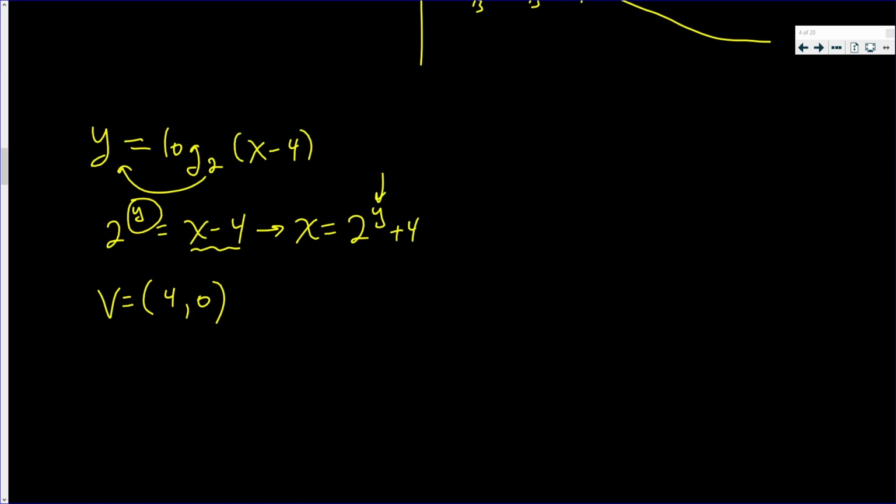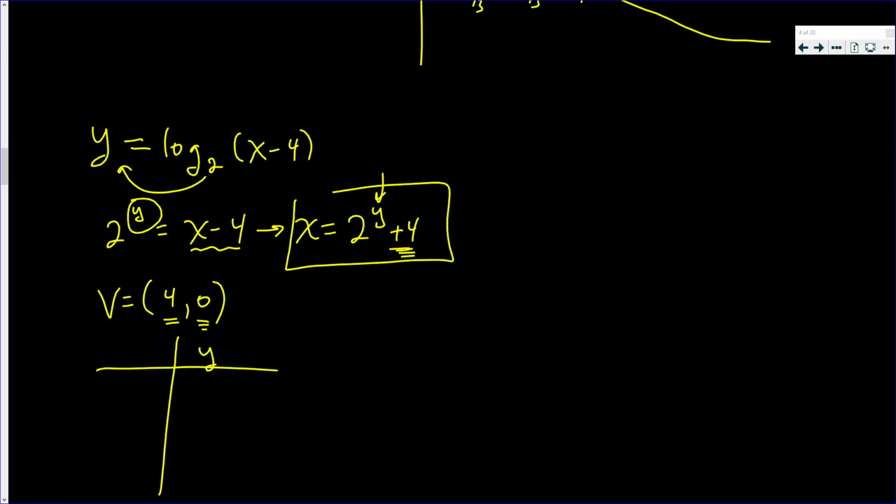What makes that 0? Y being 0. What does that say? 4. That's the x value, 4. Okay. Now, let's look at this one. What makes the power 0 is y being 0. 2 to the 0 is 1, plus 4 is 5.